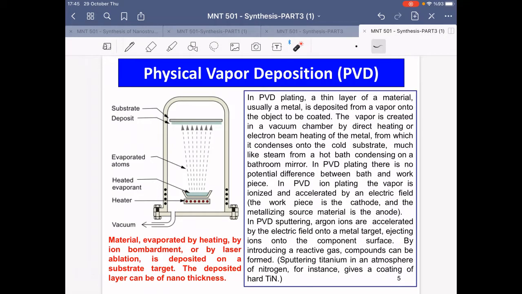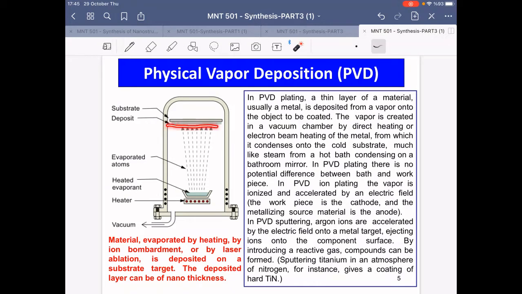Another technique is called physical vapor deposition. This is very similar to what we learned in part 2 for making nanoparticles, where in that case we were using the cold finger to obtain the nanoparticles that we create. Unlike that, in PVD, a thin layer of a material, usually a metal, is deposited from a vapor onto the object to be coated.